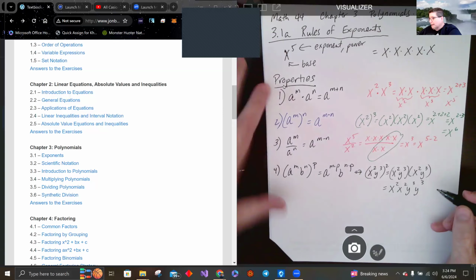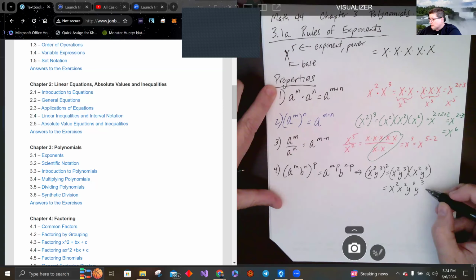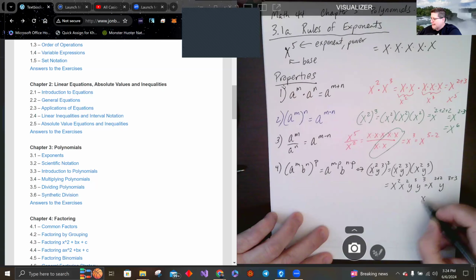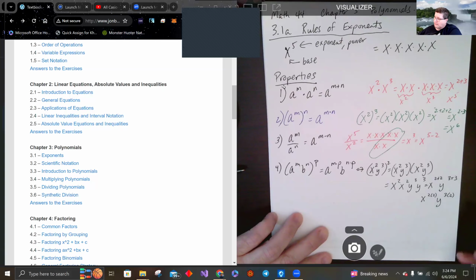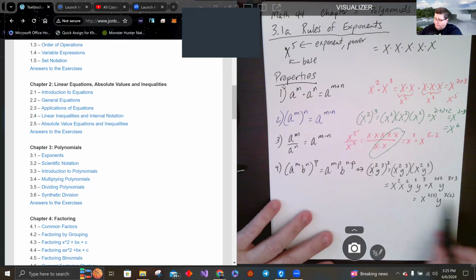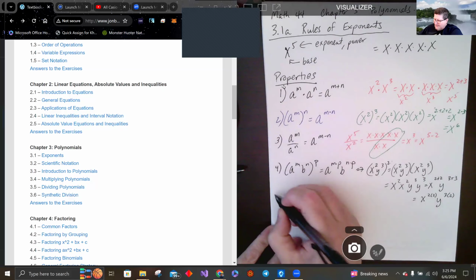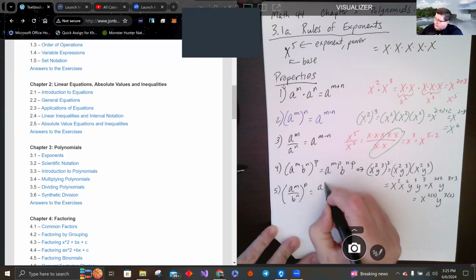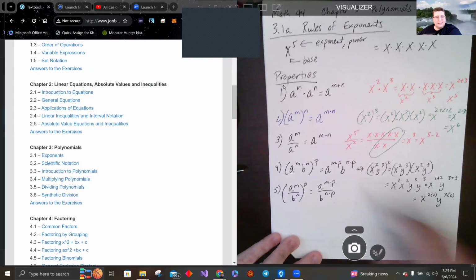And this is following property 1. So x to the 2 plus 2, y to the 2 plus 3 plus 3. That is repeated addition. Repeated addition is multiplication. Okay, so 2 times 2 and 3 times 2. Number 5 is just the same thing, but doing division, and it follows the same reasoning as number 4.